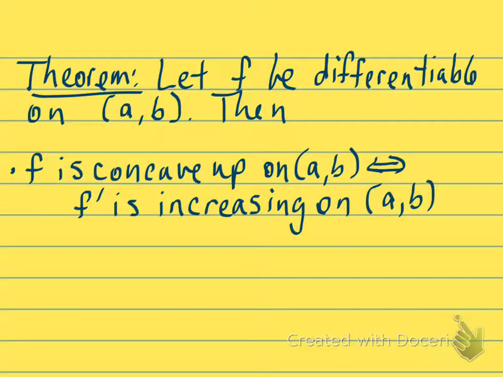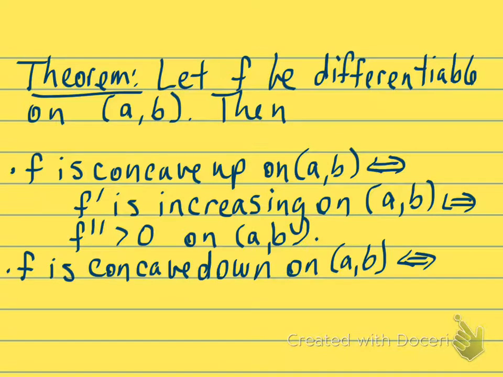Well, slope of tangent line is derivative, so that means derivative is increasing on that interval. But what does it mean for the derivative to be increasing? That means that the derivative of the derivative should be greater than 0. In other words, f double prime is greater than 0. So all of those three are equivalent statements. f is concave up if and only if f prime is increasing, if and only if f double prime is greater than 0.